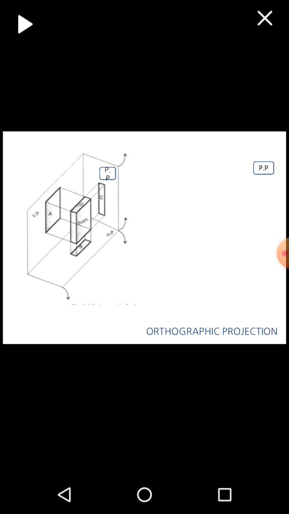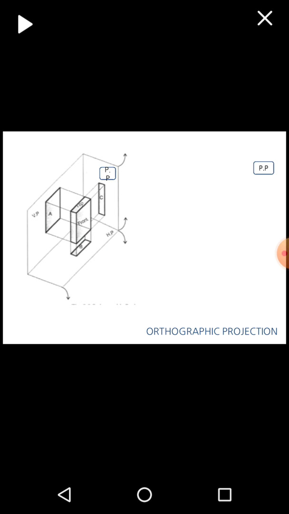Then again we will keep the vertical plane constant and we will rotate the profile plane in an anti-clockwise direction by 90 degrees. So as we are rotating the profile plane in an anti-clockwise direction by 90 degrees, that left hand side view will come on the right hand side of the front view.